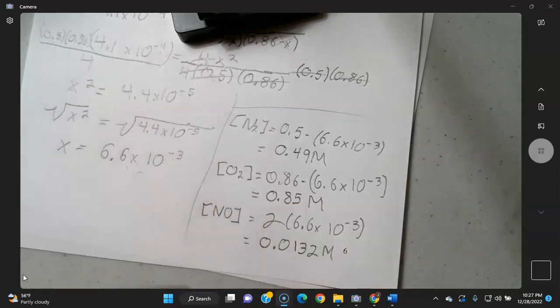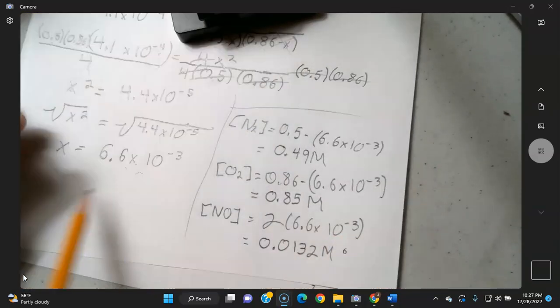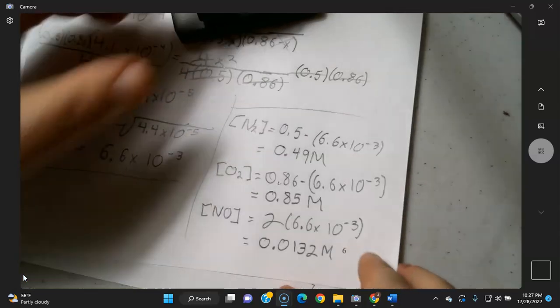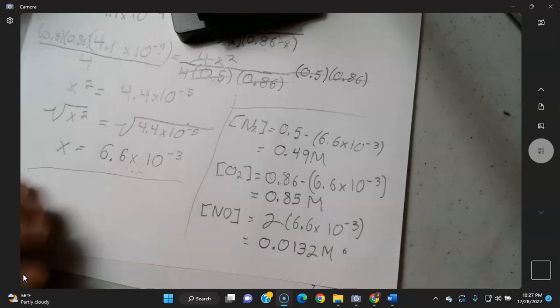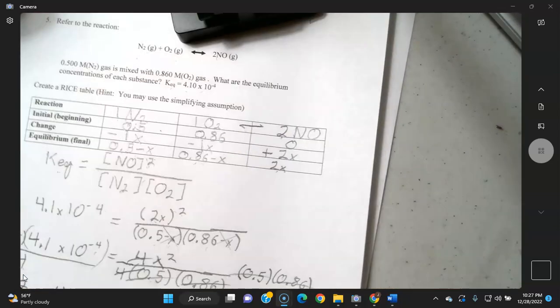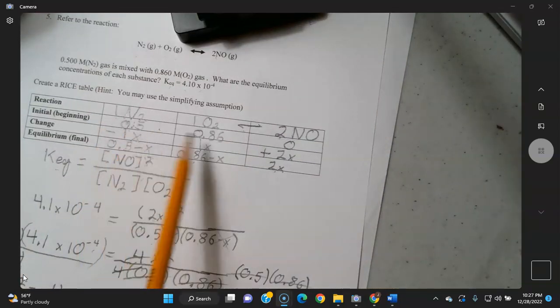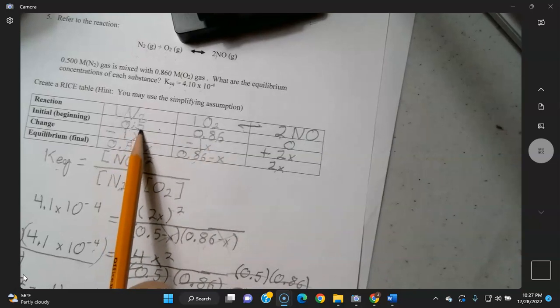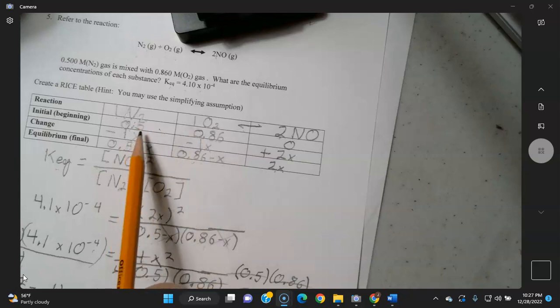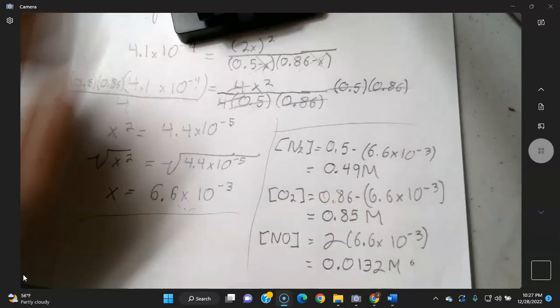All right. Now we've got to justify the 5% rule. One last calculation. So our x value, is it less than 5% of our original concentrations? So we had a 0.5 and a 0.86. Okay, 0.5, it's much more likely to be greater than 5% of the smaller number than the bigger number. So we only need to do this calculation. Okay, so here we go.